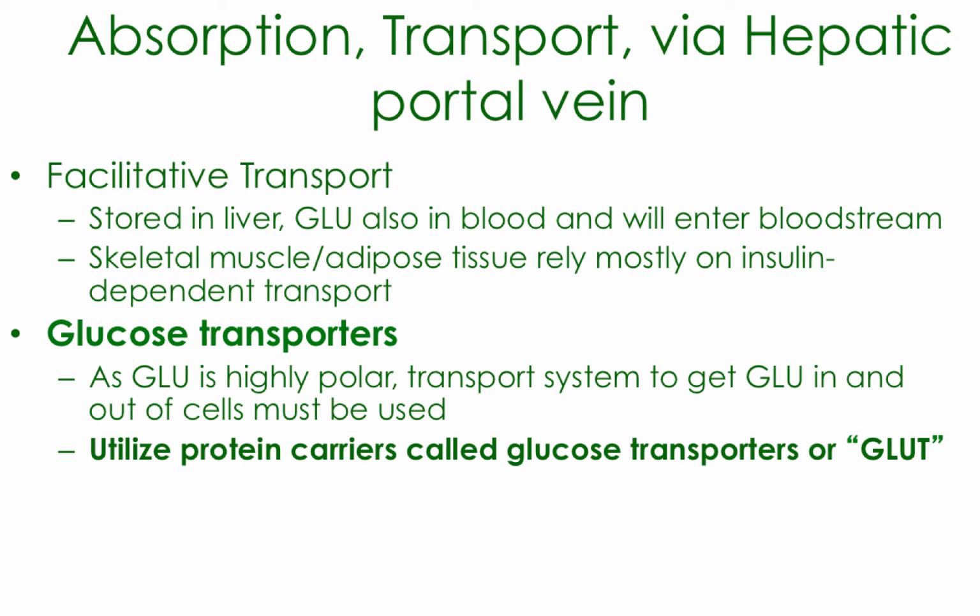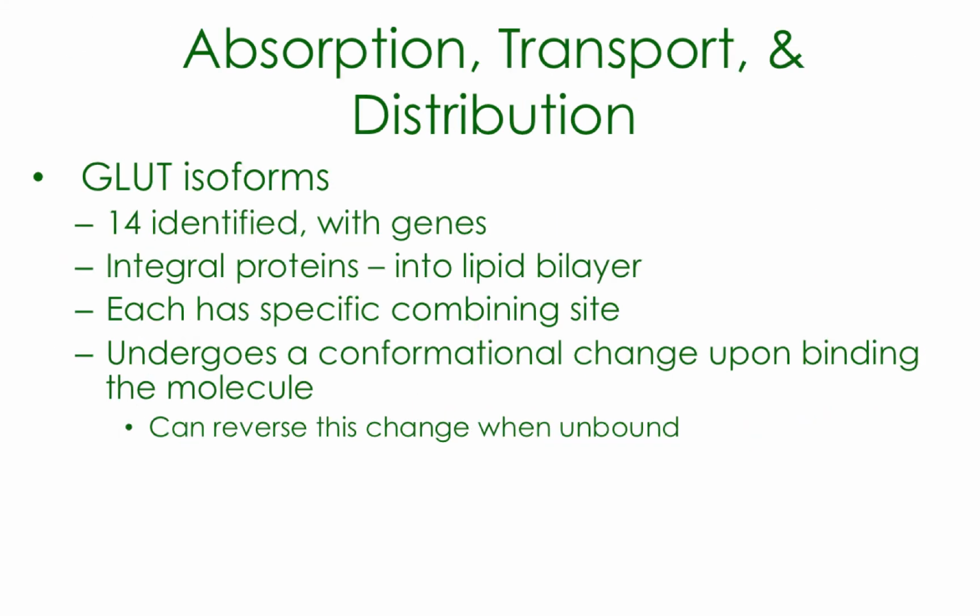And there are about 14 of these GLUT transporters, glucose transporters, called GLUTs. Not your hamstrings, but similar name. All right, so there's 14 identified with genes. They are somewhat integral proteins, or they become integral into the lipid bilayer.